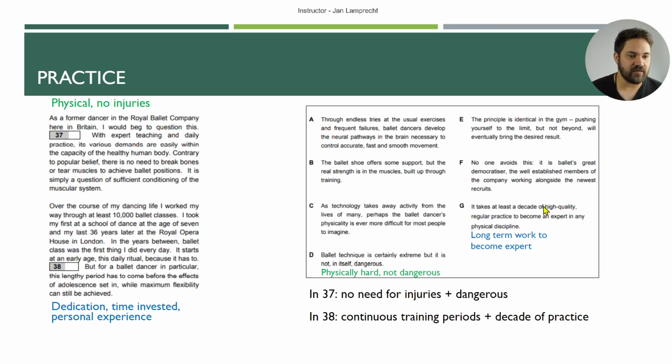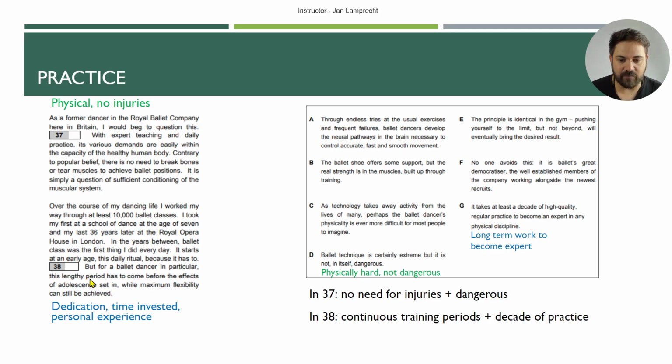And it also talks about a decade. So it talks about time. If you read this, there's a lot of mention of 10,000 classes. That's a long time. Okay, 36 years later. Again, they're referring to time. Now age, that's a point in time. Moving on, lengthy period.